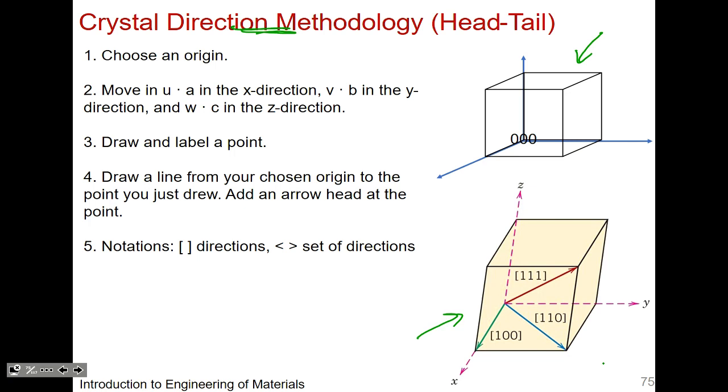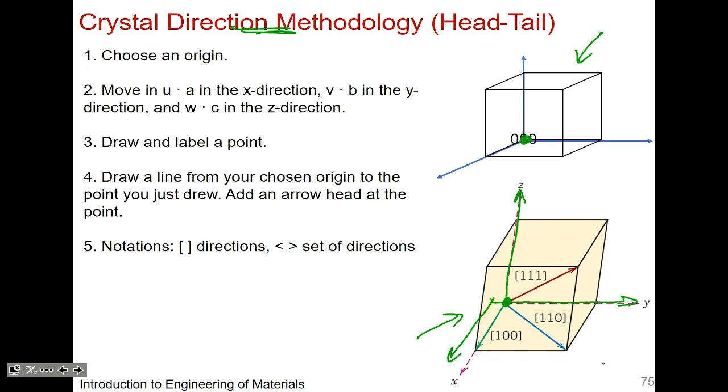If you make your life easy, you can pick the origin as being back here. That's pretty much by convention, via the right-hand rule. And this is something you've seen over and over again in your calc class and your physics class. So just go by convention. And then you move in the direction of here by convention. This is x, this is y, this is z.